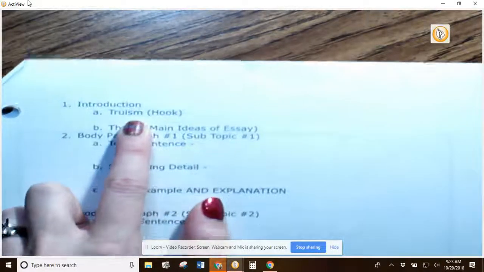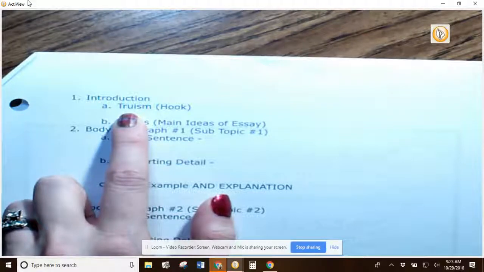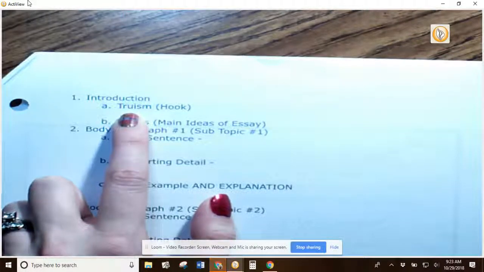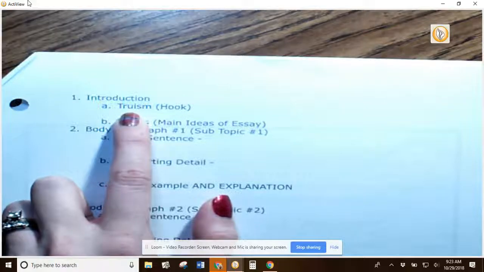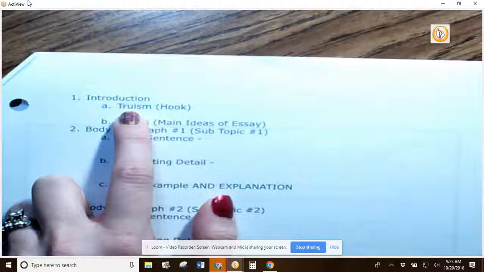So the first thing is your hook. Now, we haven't talked about this yet. A hook is something to grab your reader's attention. Something that I suggest you use is called a truism. You were probably taught in junior high to start your essay with a question. That's not a great idea to use in high school. That's kind of elementary, lower level writing. If it's all you can think of, then it's probably okay, but this truism method is a lot better.